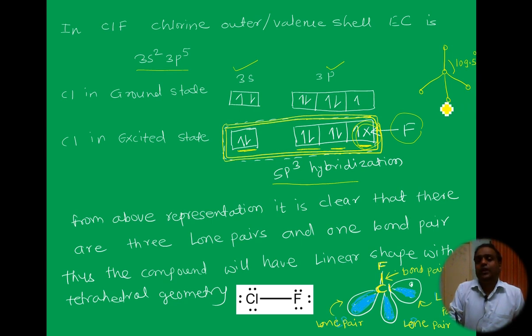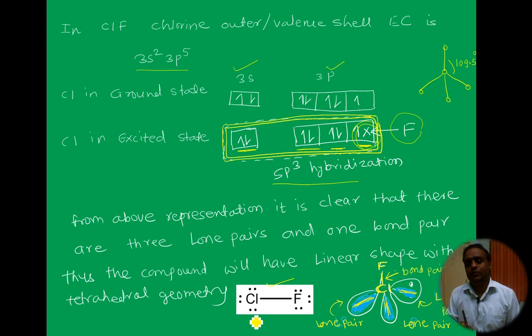Now, as there are 3 lone pairs, in this example this is a lone pair, this is also a lone pair, and this is also a lone pair. So there are 3 lone pairs and only 1 bond pair. This is a bond pair, and this is Cl. Thus, the shape of this molecule will be linear.